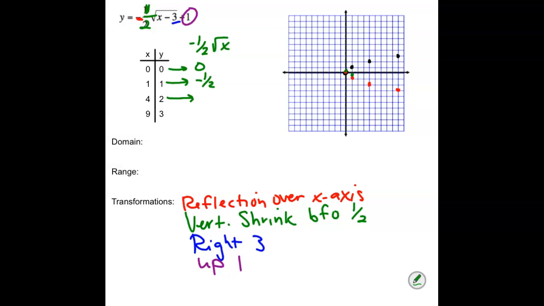Our -2, half of that would be -1. And our -3, half of that would be -1.5. Okay? And now we have to shift everything right 3 and up 2. So we're going to take these green dots and move them right 3 and up 2.